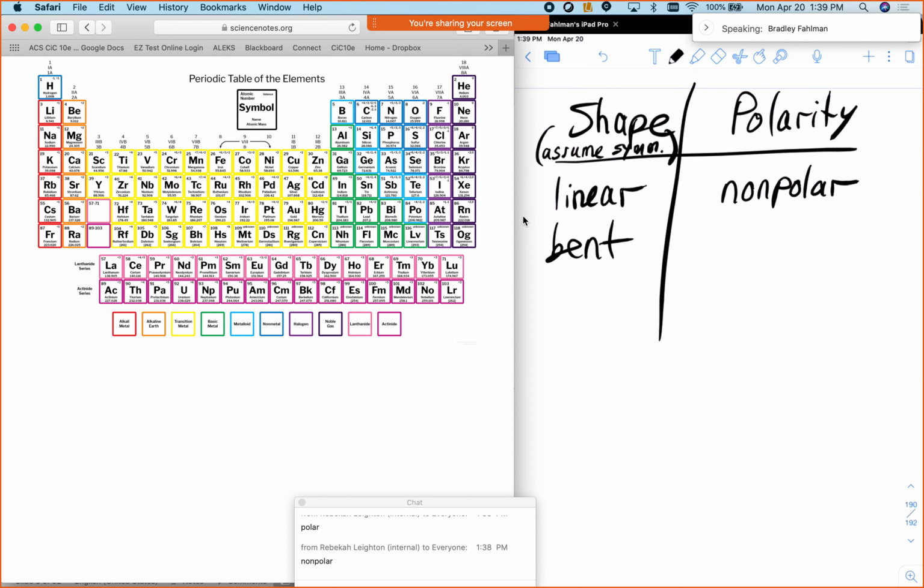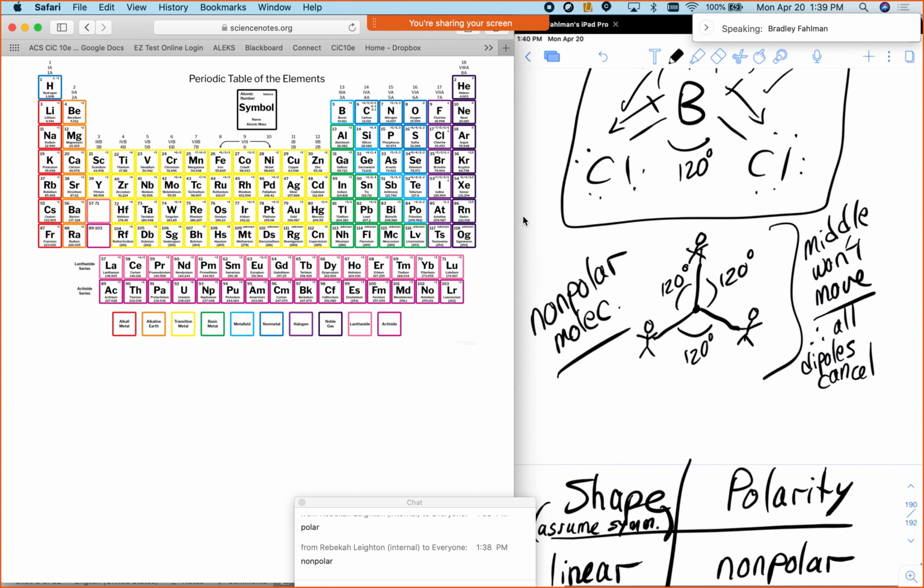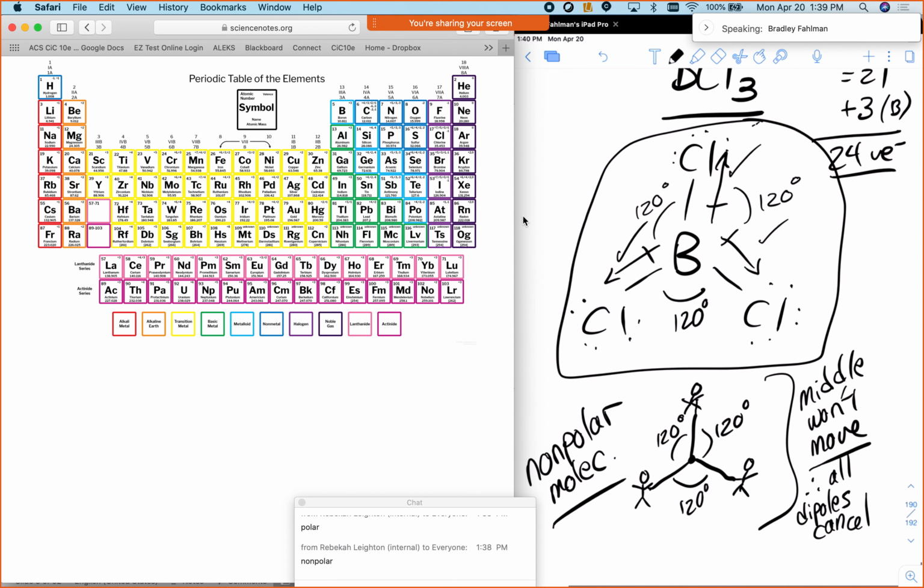Bent, that was polar. And now this one is trigonal planar, and that is nonpolar. Any questions about the trigonal planar example here? Everything on the plane of your computer screen?